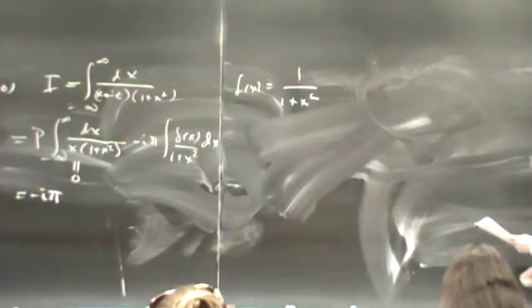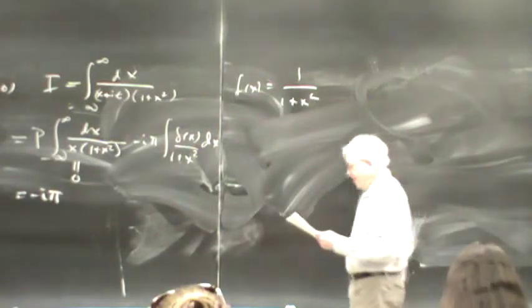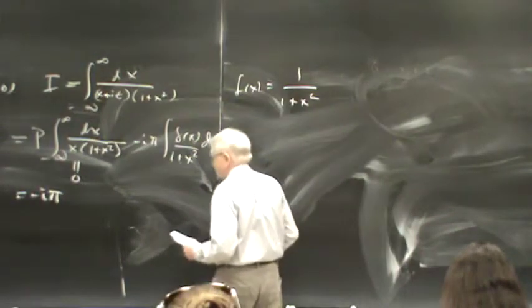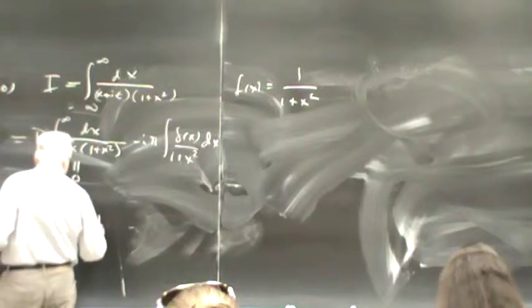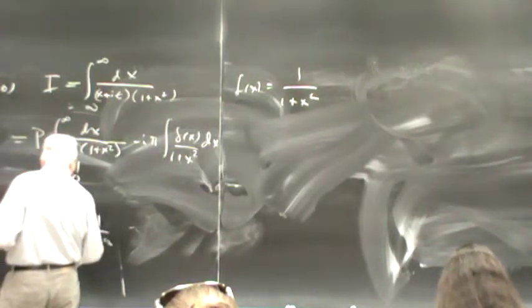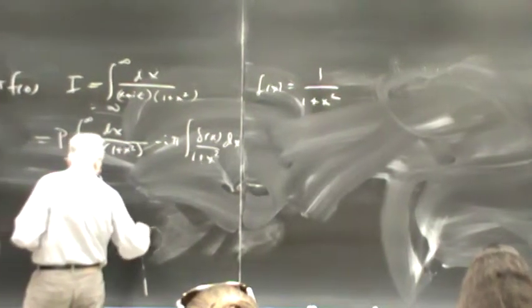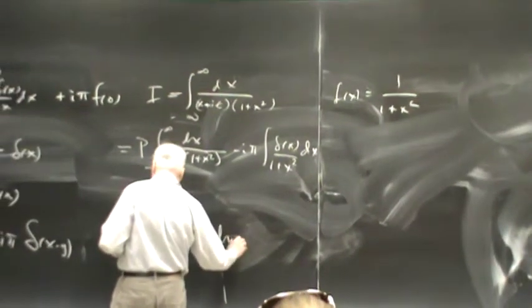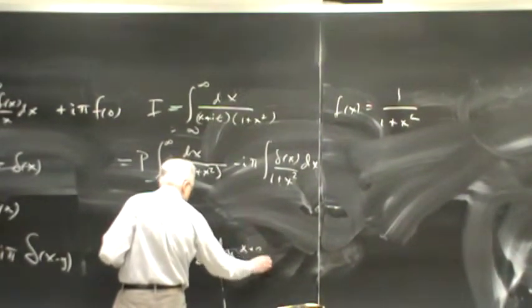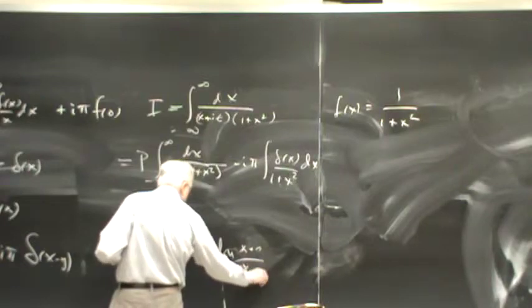All right, another example. It turns out that, just analytically, the indefinite integral dx over x squared minus a squared is minus 1 over 2a times the natural log of (x plus a) over (x minus a).